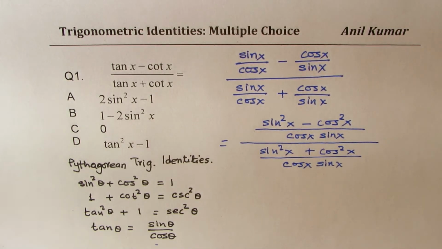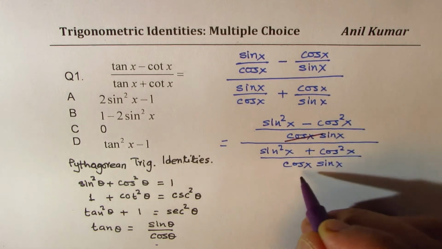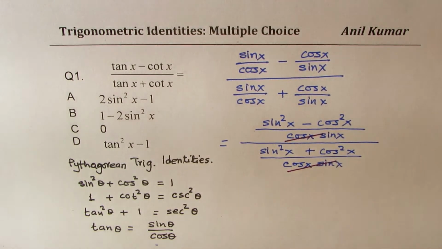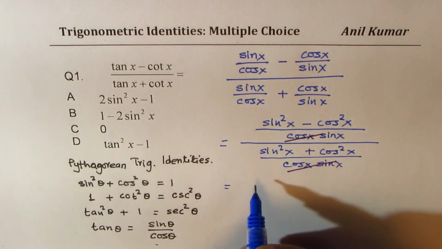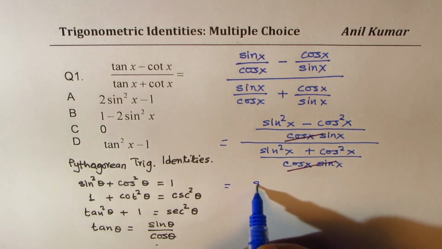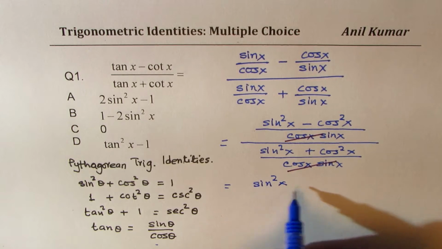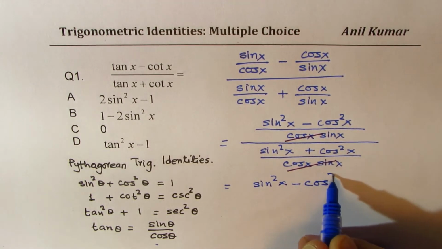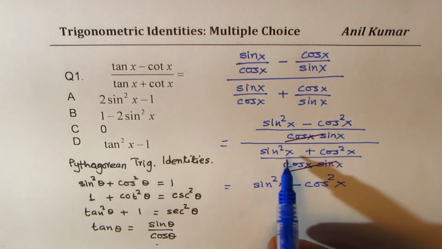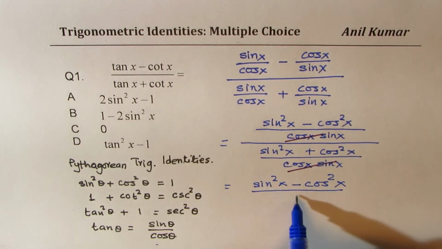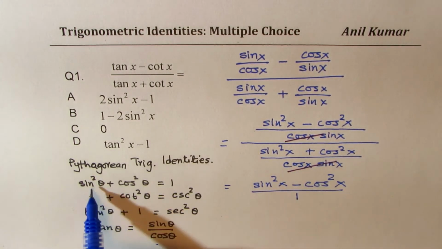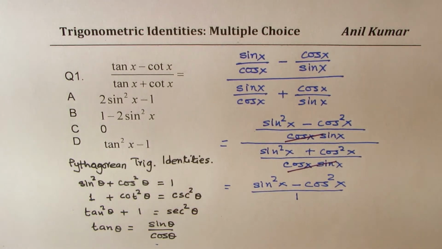So clearly from here you can see that their denominators will cancel, right? And what you get here is sin square x minus cos square x, right? Since sin square x plus cos square x is 1, so this over 1 you get, right? So this expression is sin square x minus cos square x.